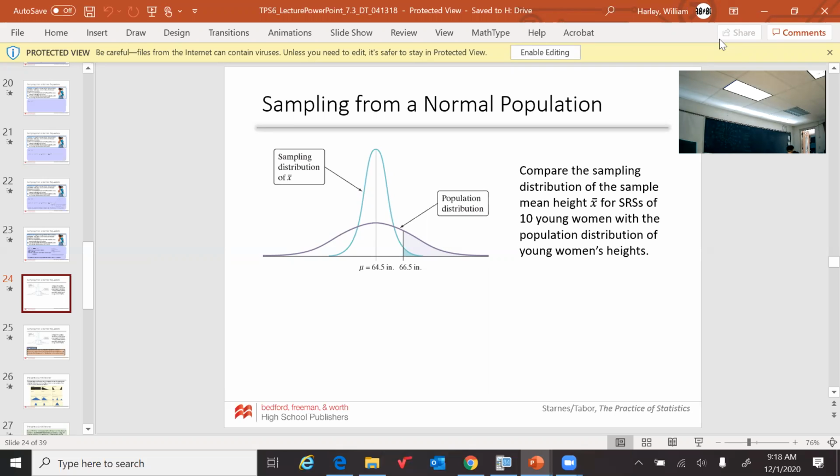This lower curve is the population. So the step was given. But when you take a sample size of 10, then you're dividing the step of the population by root 10. So the step gets smaller. And the data is going to be more compact. It's harder to separate an average of 10 girls' heights from the center than it is to separate 1 girl's height from the center.